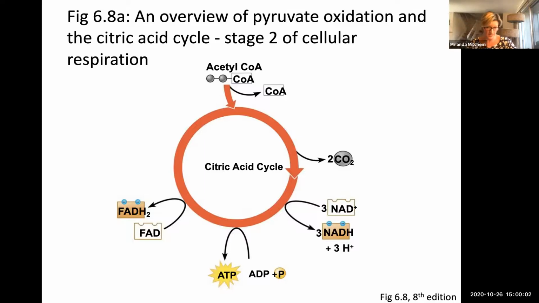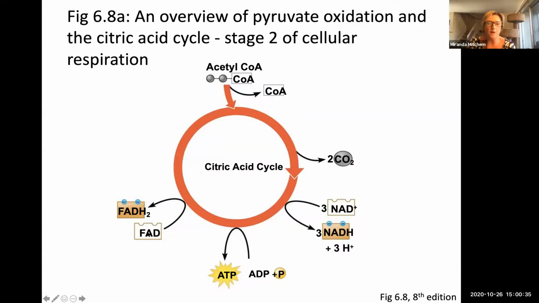So you have to double the yields, right, to represent everything that happens from both molecules of pyruvate that is oxidized to acetyl-CoA. So first of all, we're going to lose the CoA, and that is released as carbon dioxide. 3 molecules of NAD plus are reduced into NADH. A molecule of adenine diphosphate is phosphorylated by substrate level phosphorylation to produce ATP.